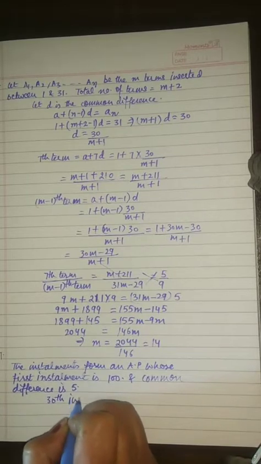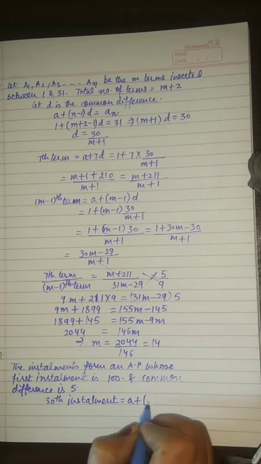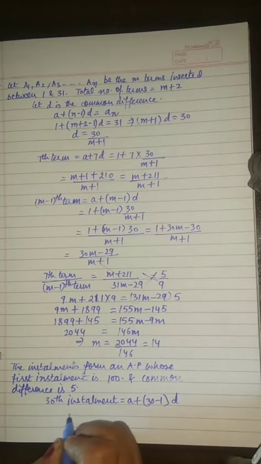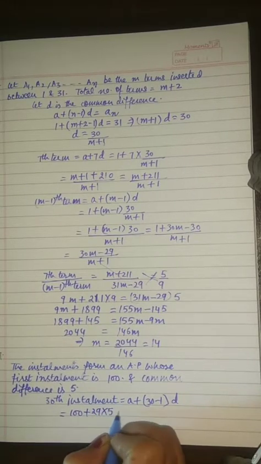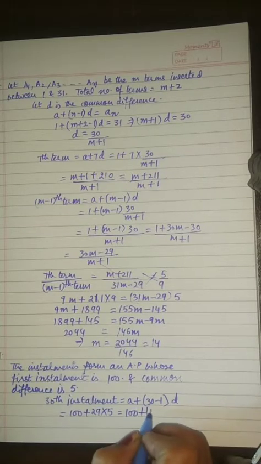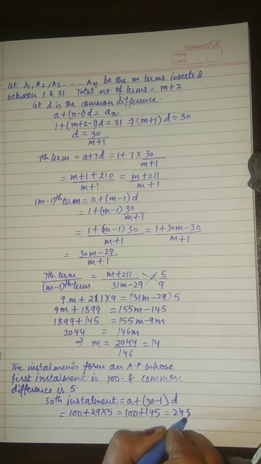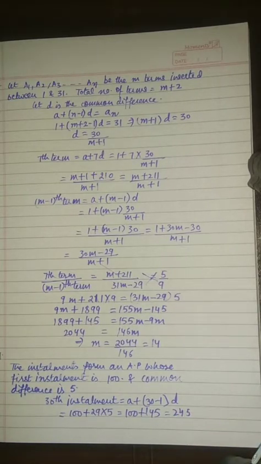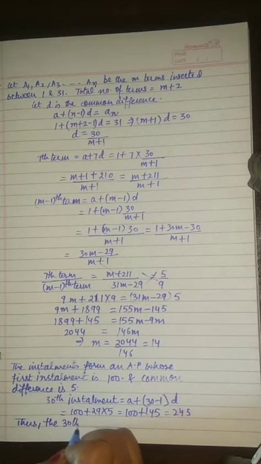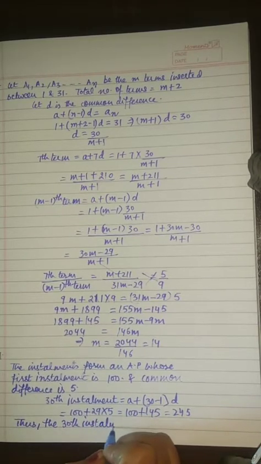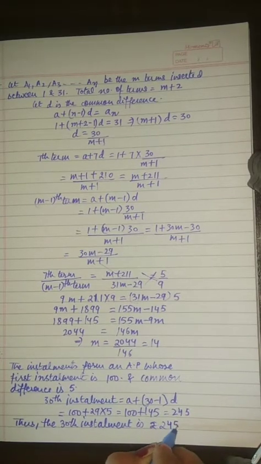So the 30th installment is equal to a plus (30 minus 1)d. Now we will put the values of a and d: 100 plus 29 into 5, which is equal to 100 plus 145, which is equal to 245. It means he has to pay 245 in the 30th installment. So thus the 30th installment is rupees 245.